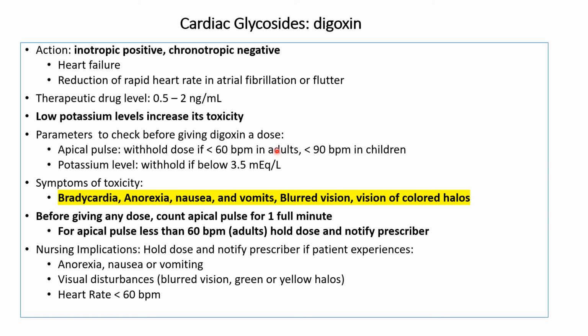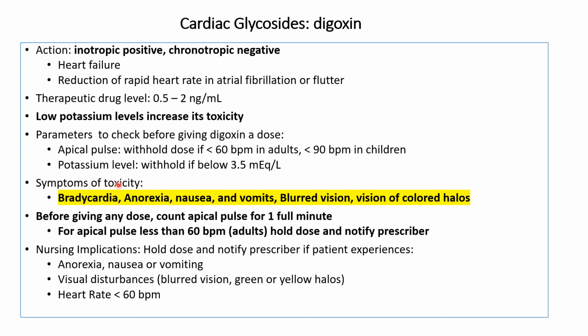And the other reason for not giving the dose of digoxin is when the potassium is below normal, below 3.5. But there are other findings that also require withholding, stopping the dose of digoxin and calling the doctor.